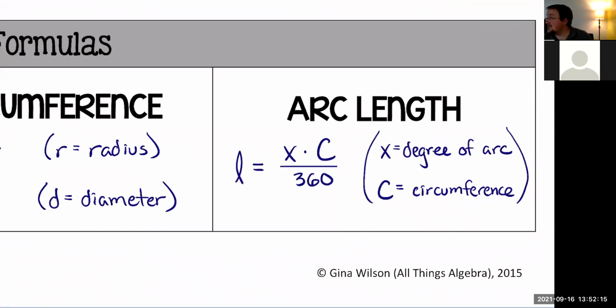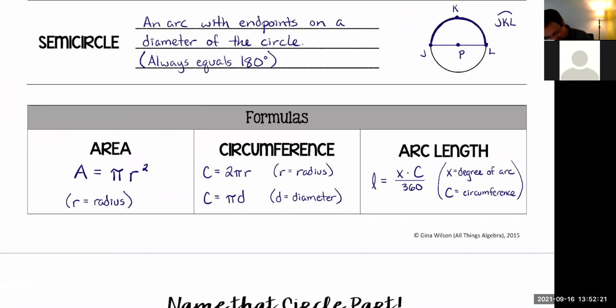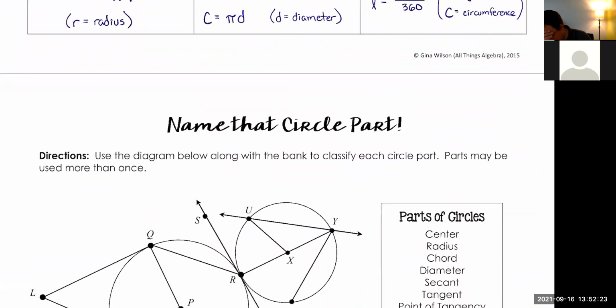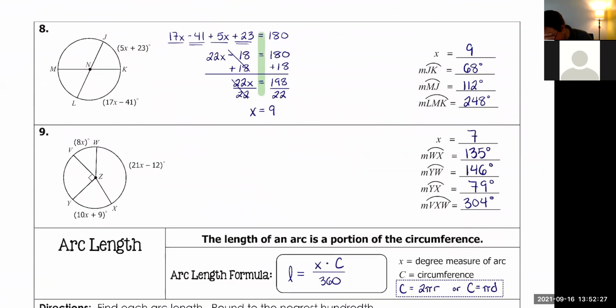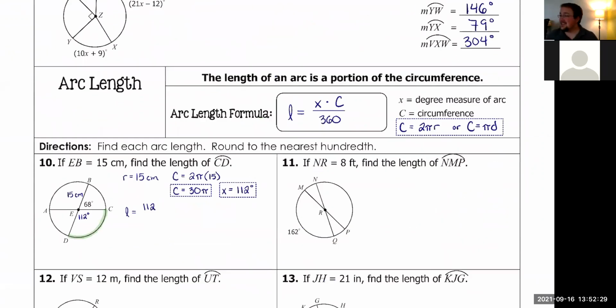Well, I feel just silly now. I did have it right originally, the first time I wrote it down. Oh, for shame. It's x times c divided by 360. We wrote it down right the first time. I miswrote it the second time, but we're back on track.